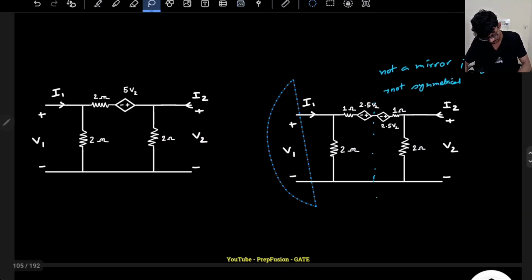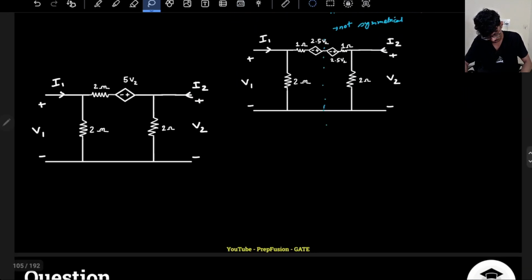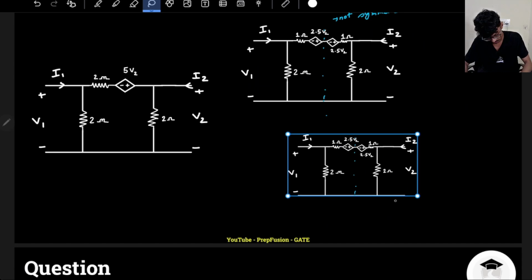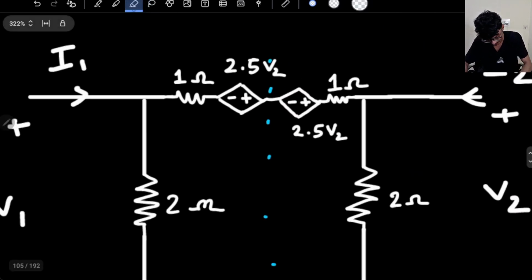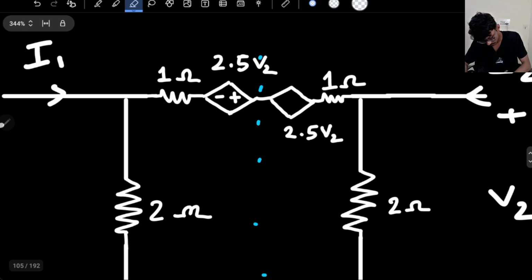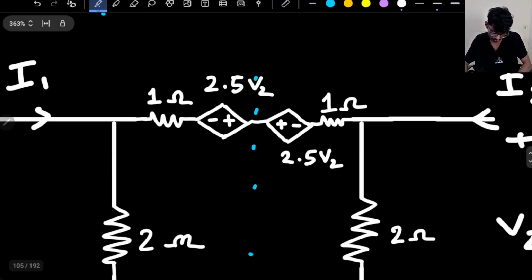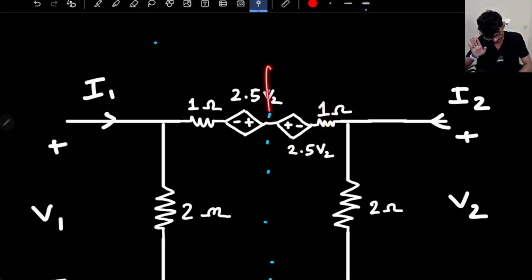Let me keep it at the top. If I would have changed the polarity here, this will be plus, this will be minus. Then you could have directly said yes, it is a mirror image.